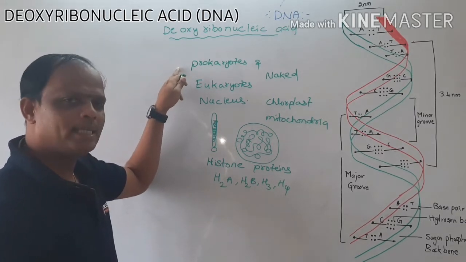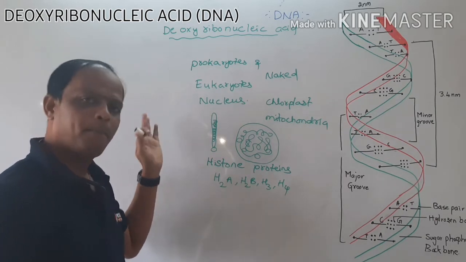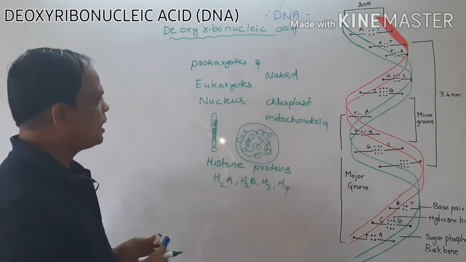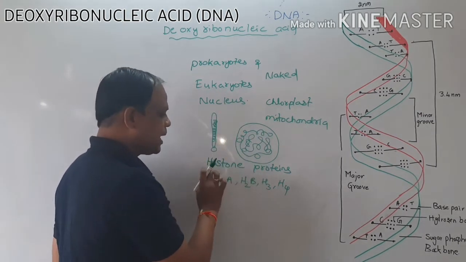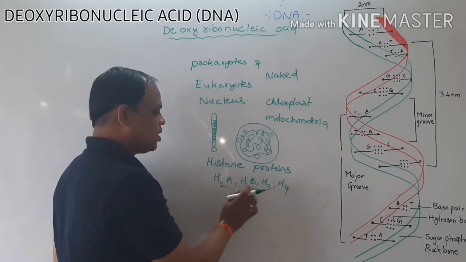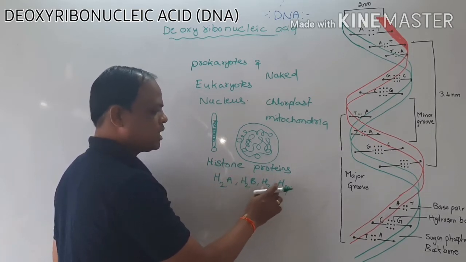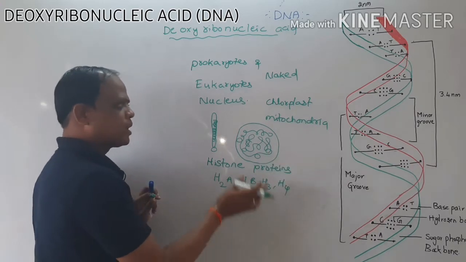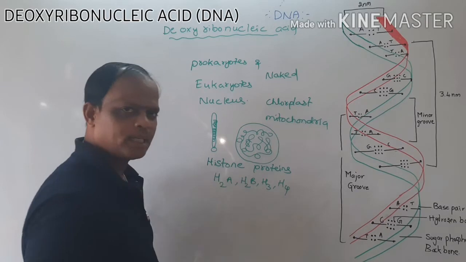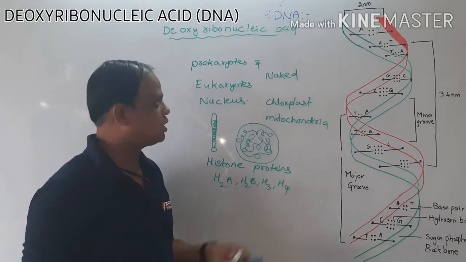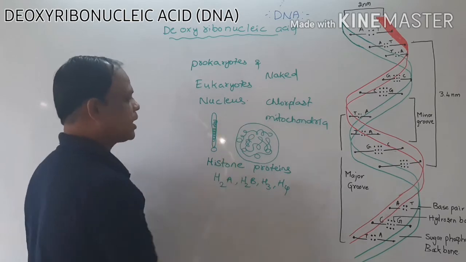Prokaryotes contain a single nucleus, and eukaryotes contain many nuclei. In eukaryotes, DNA associates with histone proteins H2A, H2B, H3 and H4. In prokaryotes, with the absence of histone proteins, the DNA is called naked DNA. This is the occurrence.